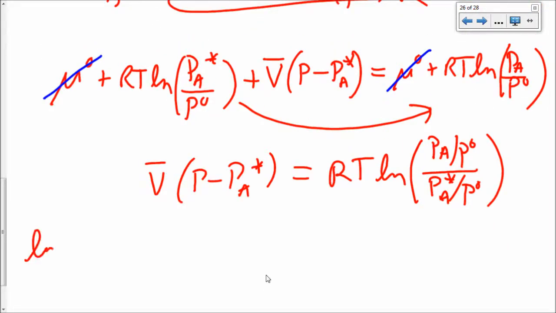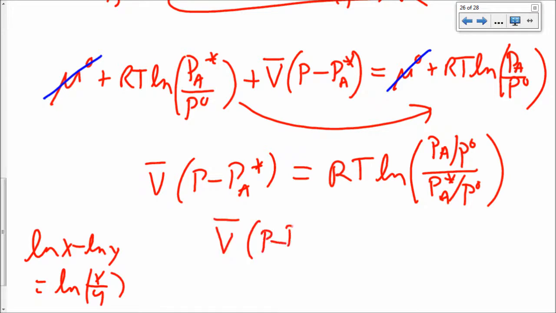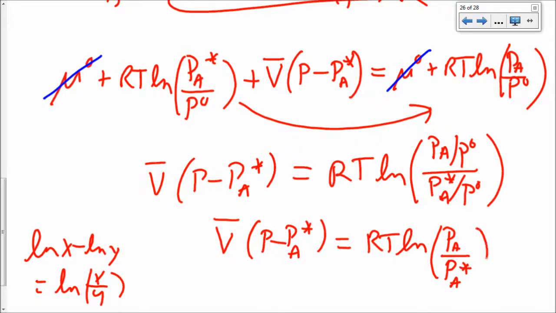Because if you remember, ln x minus ln y is just the same thing as ln of x over y. So V bar (P minus PA star) equals RT natural log of PA over PA star. Your P naught is going to cancel out.